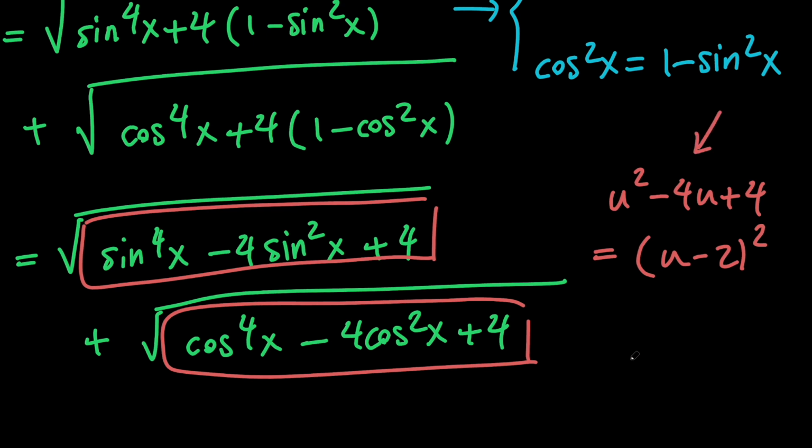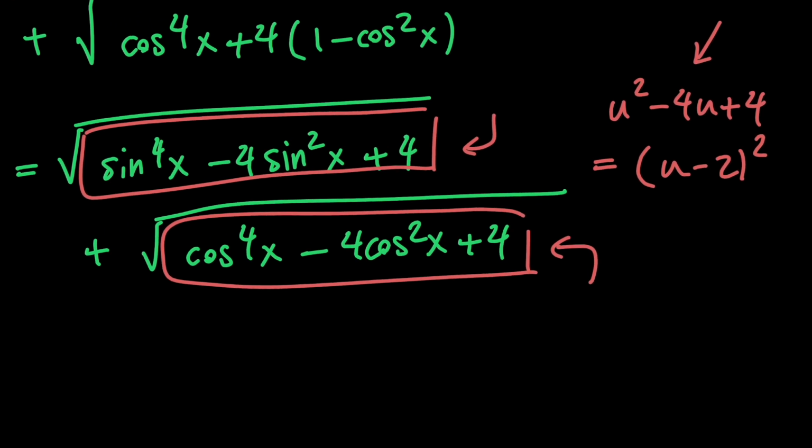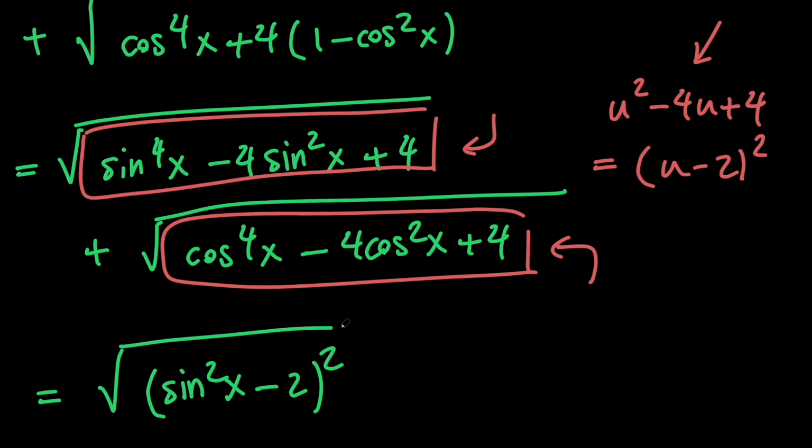So both of them are perfect squares, but the difference is that in this one, u is sine squared of x, and in this one, u is cosine squared of x. So from this, I'm going to have the square root of the quantity sine squared of x minus 2 all squared, plus the square root of the quantity cosine squared of x minus 2 all squared.